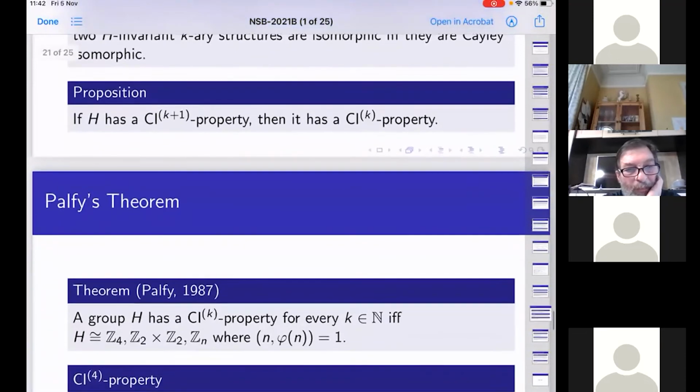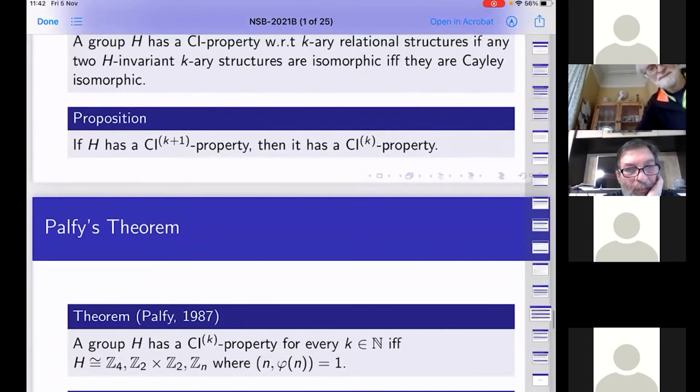And the Pálfy theorem: Pálfy in 87 proves that a group H has the Cayley isomorphism property for all possible relational structures, of course invariant under the action of H, if and only if the group H is one of those.